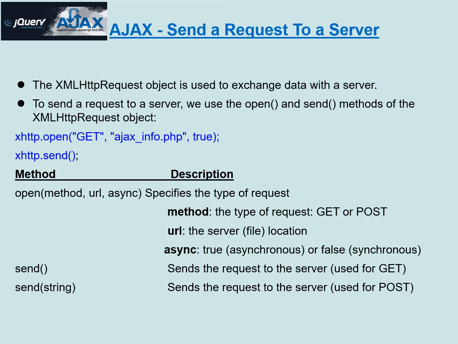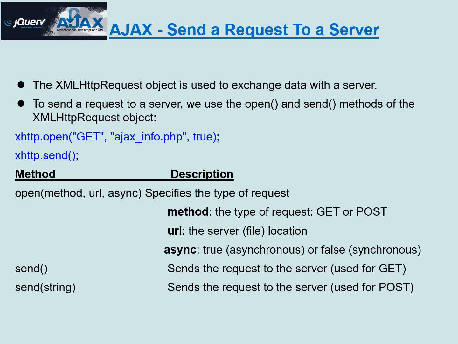Another important method related to the XMLHttpRequest object is send. The send method sends the request to the server. It is used for sending the request from the client towards the server. Another format of the send method is send with a string parameter.